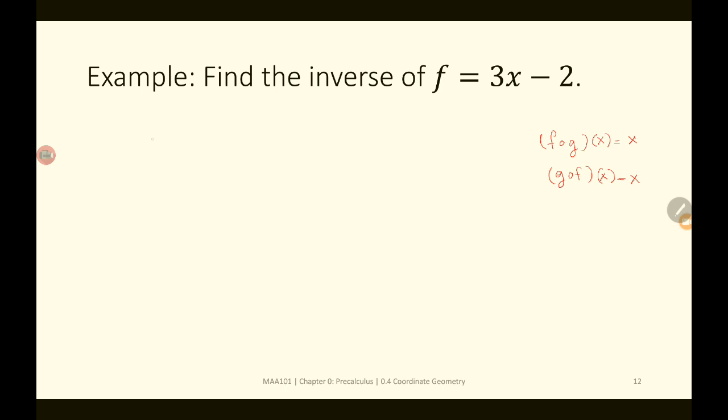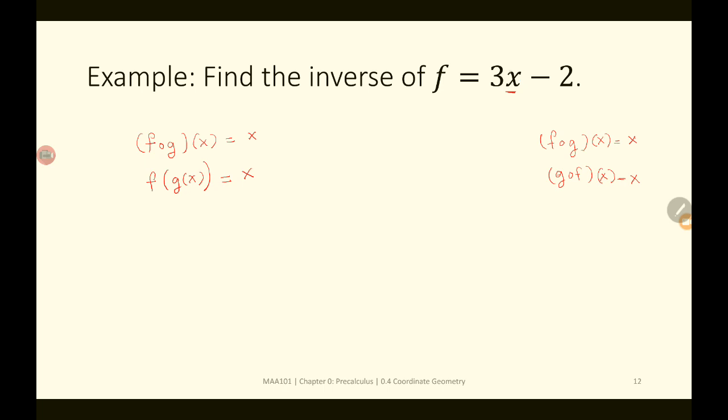So use the example. f composed with g of x equals x. What's the definition? f of g of x equals x. Now we substitute g of x in place of x here.